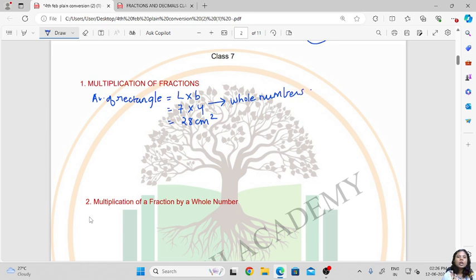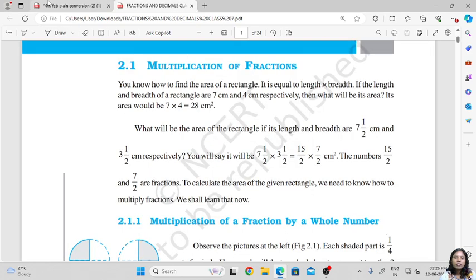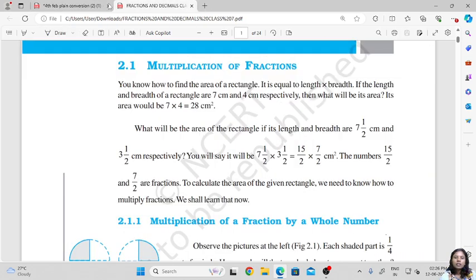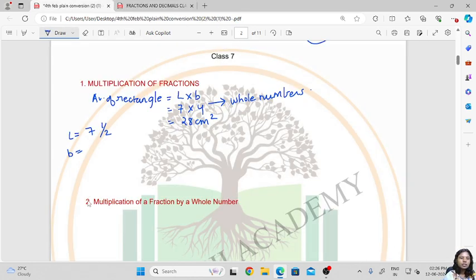But now say I give you length equals 7 1 by 2 and breadth equals 3 1 by 2. So what will be the area in this case?